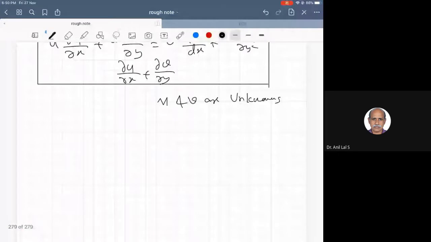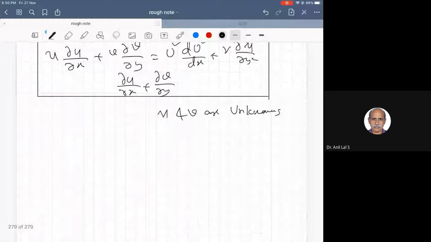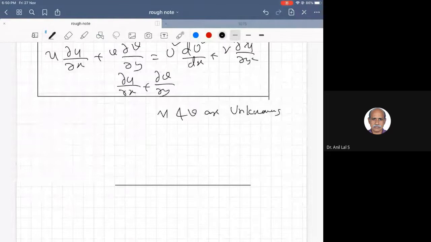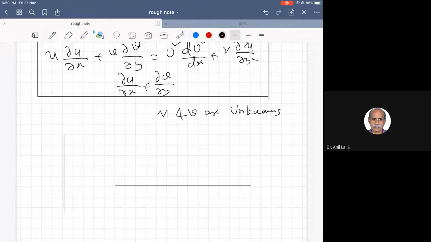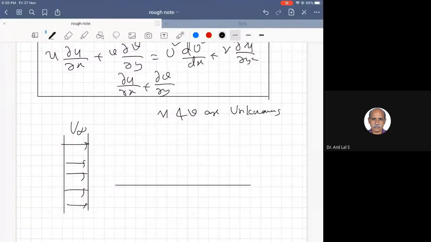Now there is some more simplification you can obtain in the case of a flat plate flow. Suppose you are having a flow over a flat plate. The simplicity is that we are having a uniform velocity free stream that is called U infinity, and in the case of a flat plate flow the potential velocity is equal to U infinity, a constant with respect to x.